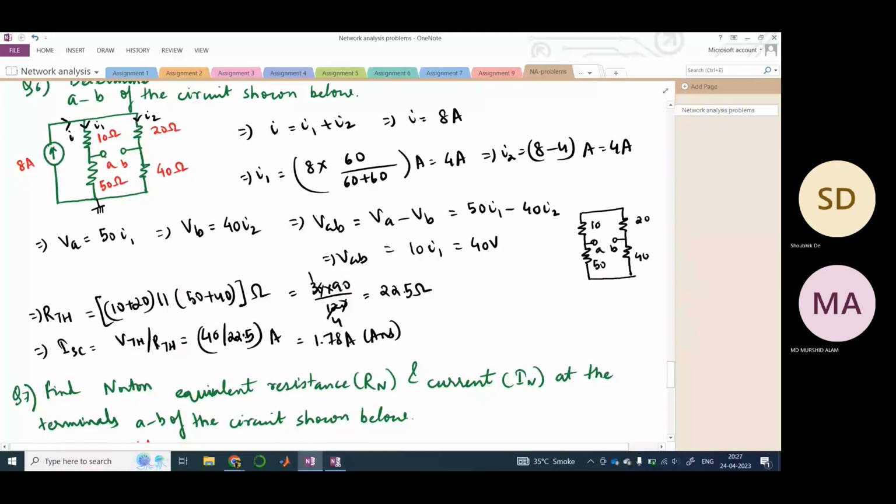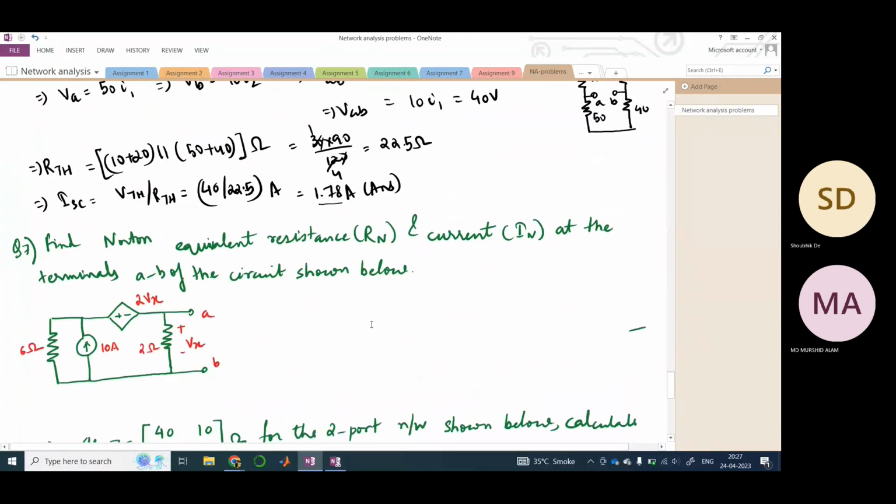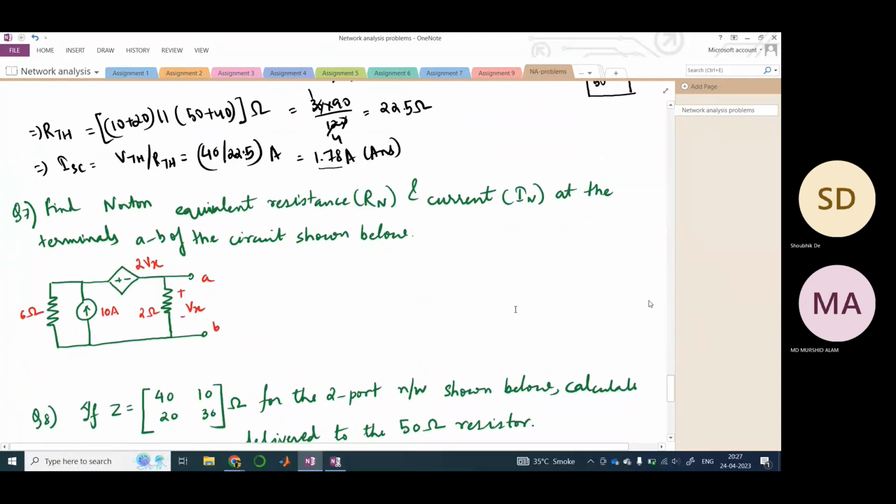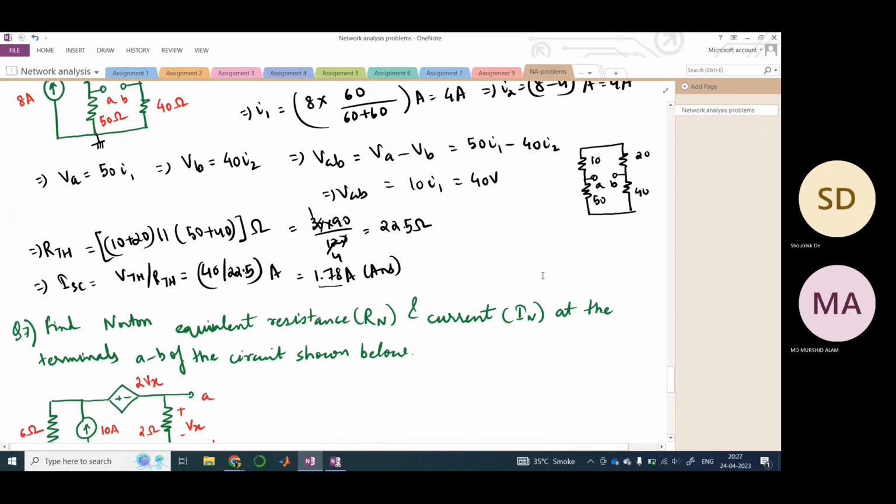Then you can find out the current in this path, the current in this path, and accordingly find out the ISC, right? You can verify that this would definitely come out to be 1.78. That exercise you can do. Okay, so I hope this is clear, right? If you still have doubt, you can ask.